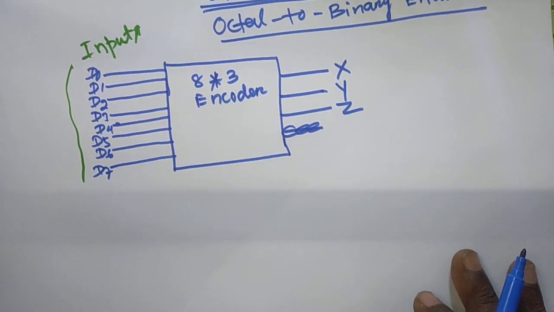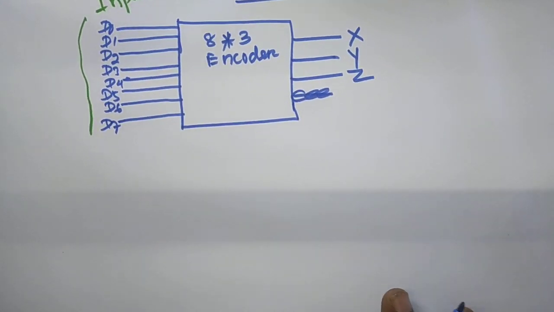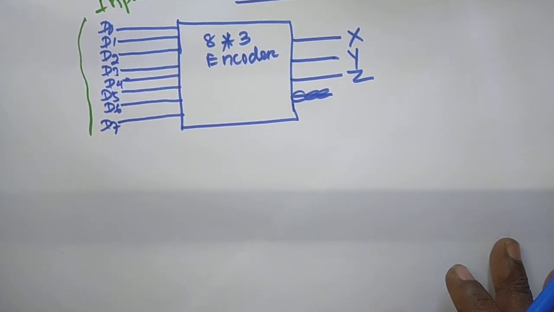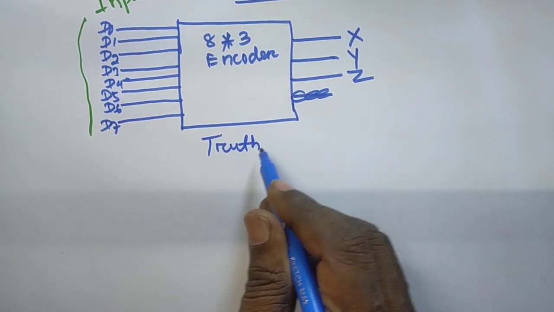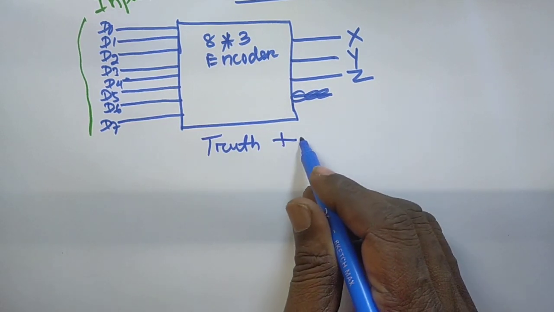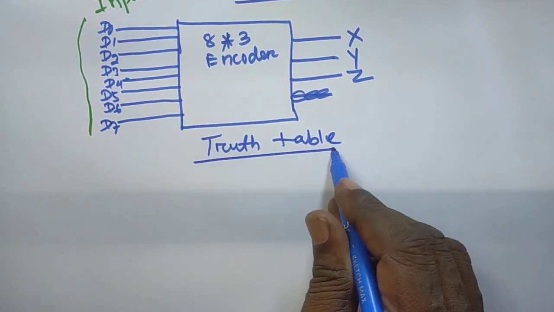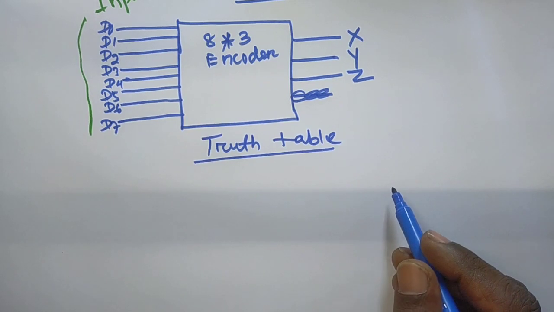Okay, now I will also show you how it is defined for this particular output. Okay, now you will see how it is defined. The truth table also we define here. Okay, truth table. Now see how the truth table will be defined.